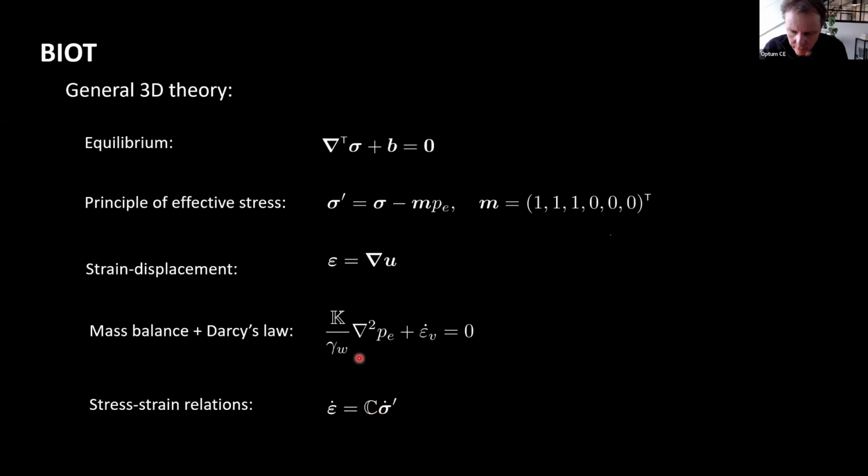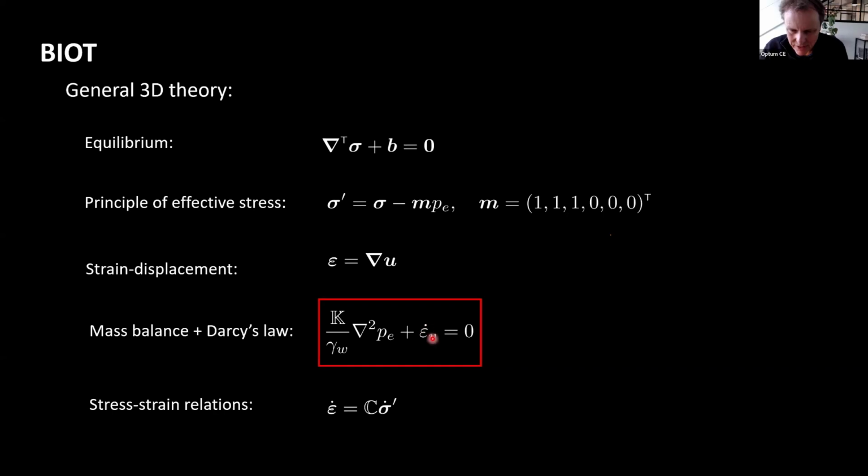But what is the new thing, and what really makes consolidation what it is, is this equation here, which is basically a combination of mass balance and Darcy's law. So PE here, I've switched notation because in finite elements, U is the displacements, PE here is the excess pore pressure, and epsilon V is the volumetric strain.